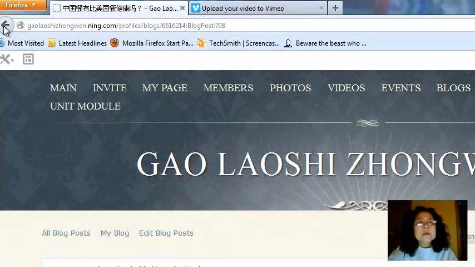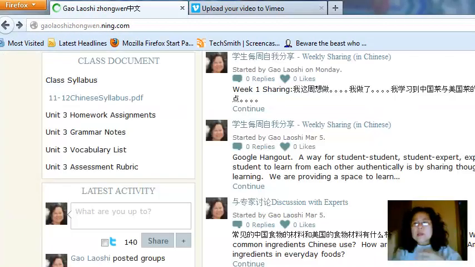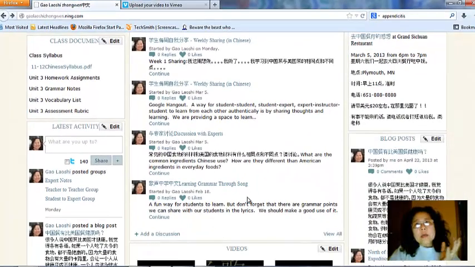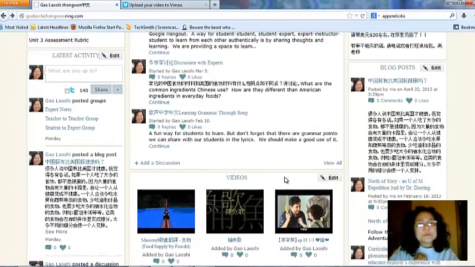So those are the places. Once we explore, I want them to come back so that they can talk to each other, blog about it, and share, and they are going to share in Chinese language. In this particular site, I also have songs, because it is a language and culture learning class, so we learn language through songs. So that's why I have that in here.